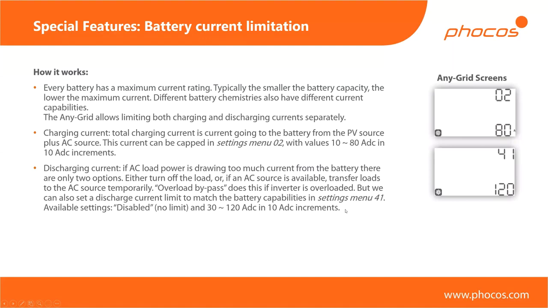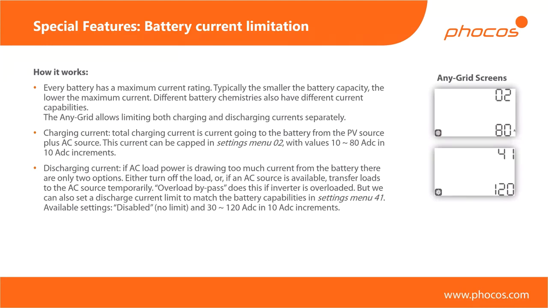Taking current out of the battery, obviously to power your loads, is a little bit more difficult because if you're in a pure off-grid environment and you have no AC source, so you just have PV, a battery, and your load, and you're exceeding the maximum current of your battery, there's no other energy source.